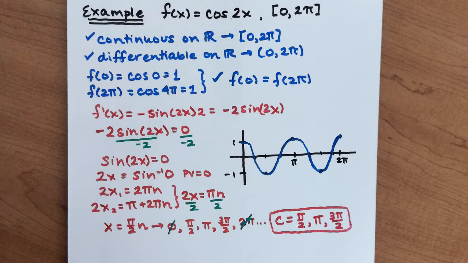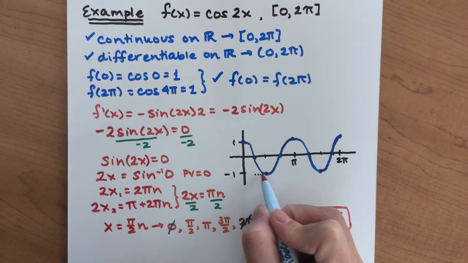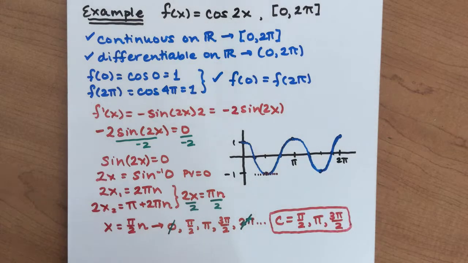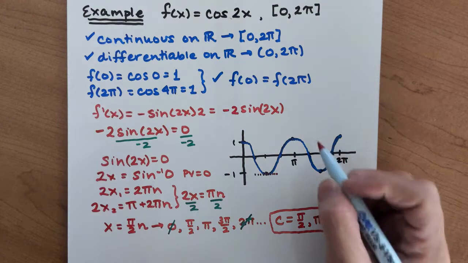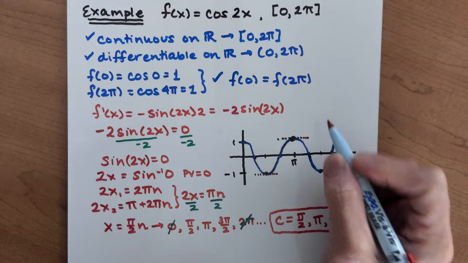And now it's easy to see where the points are where the derivative is 0. Remember that if the derivative is 0, the tangent line is horizontal. So, pi over 2, right there, horizontal tangent line. Pi, right there, horizontal tangent line.